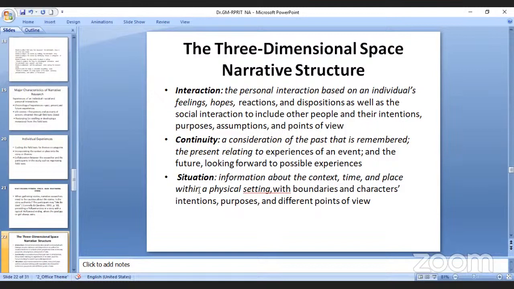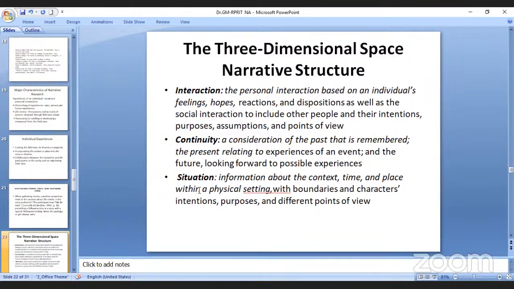Through interaction, you come to know your feelings as well as others' feelings, your assumptions and others' assumptions, your point of view and others', your hopes, reactions, and dispositions as well as others'. This is about interaction. Then continuity.